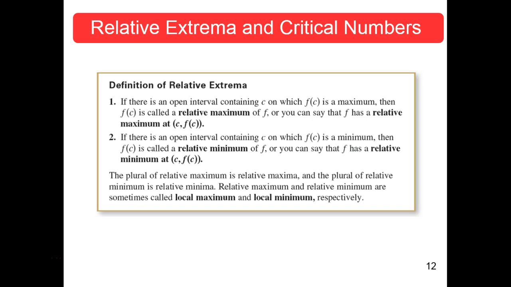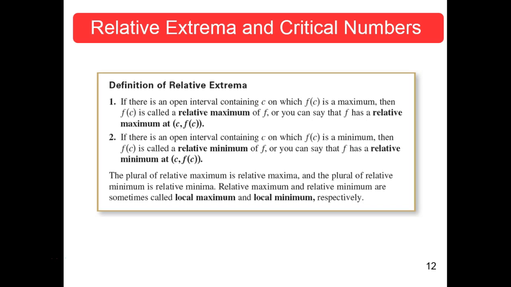So here's the definition of relative extrema. Now, if you've been wondering why they picked that letter C to mention as a value somewhere on the graph in that interval, we're going to get to it pretty soon. If there is an open interval containing some number C on which f of C is the maximum value, open interval containing C in which f of C is that maximum value, the endpoints of an open interval don't matter anyway, C is your maximum.